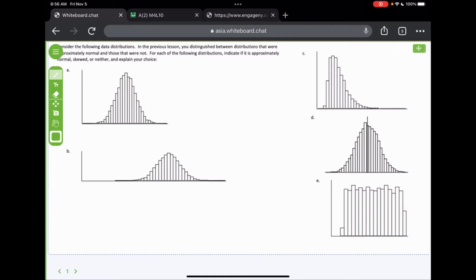Okay, so for the first one, this right here is very normal, okay? And we would say it's normal because it's a mound shape. It looks like a big mountain, big hill, okay? Same thing for this one, even though it's a little bit more spread out, it's still mound shape. So we're going to call it normal and mound.